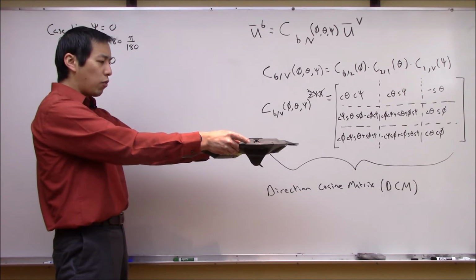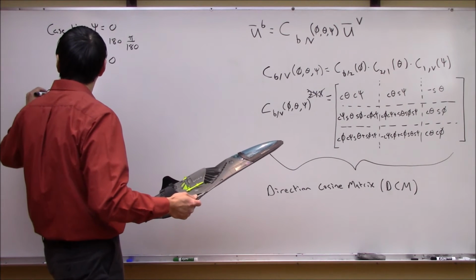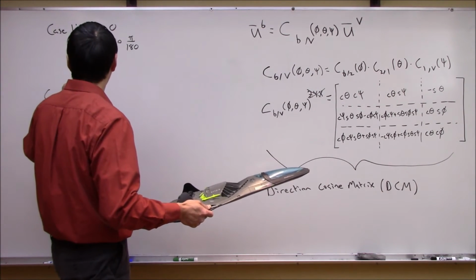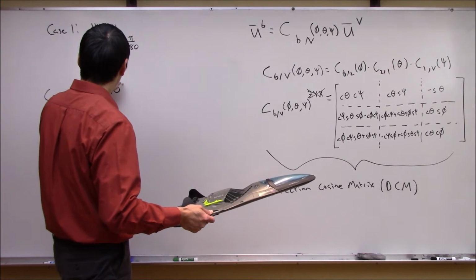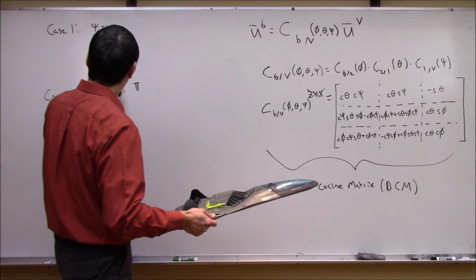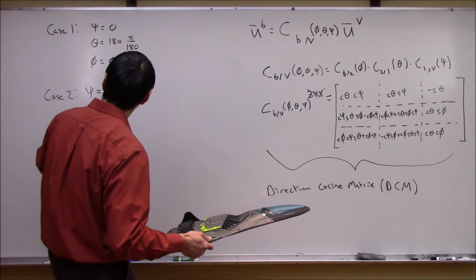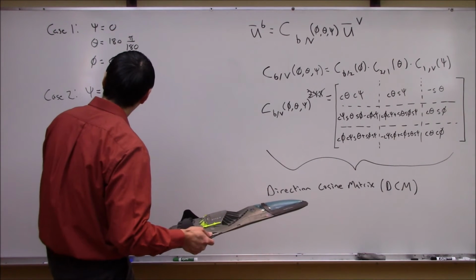Okay, so that's one way you could get to this orientation, but another sequence of Euler angles that could also get you there is, what if you were to yaw through 180 degrees, that is 180 times pi over 180. You then do no pitch at all, but you bank through 180 degrees.